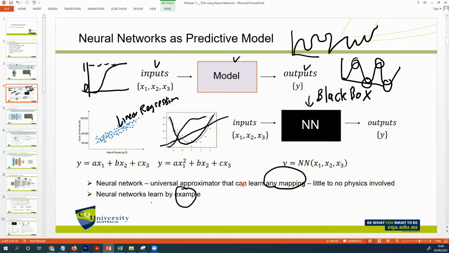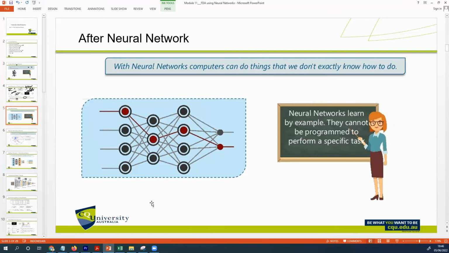So it learns about the data and makes a model to fit it. With neural networks, nowadays computers can do things that we do not exactly know how to do.